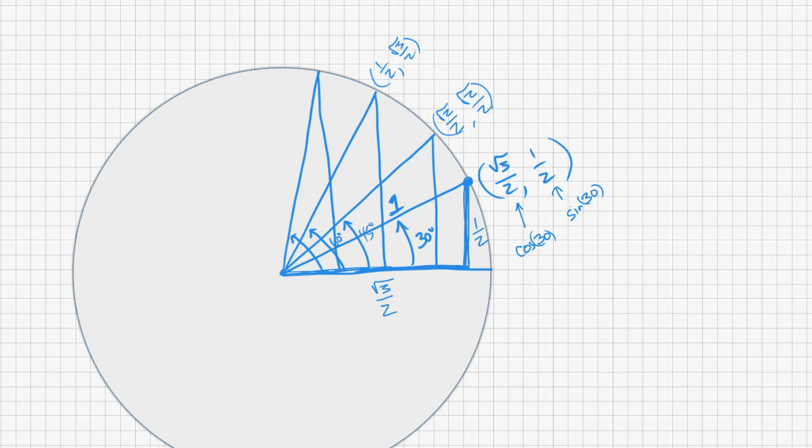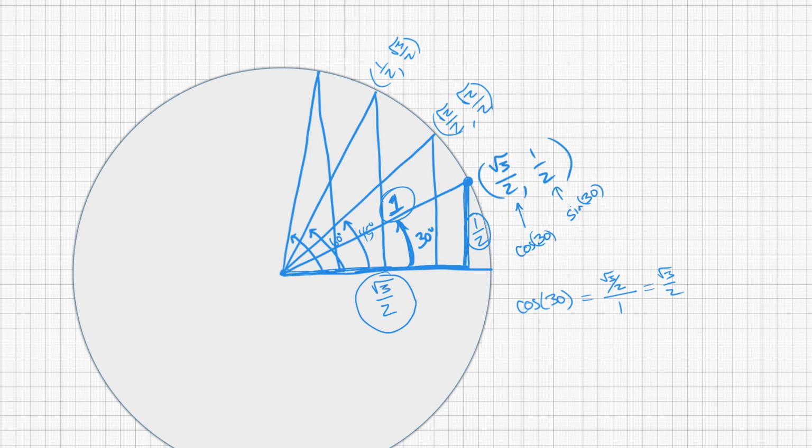If I asked for the cosine of this angle, 30 degrees, I would say cosine is adjacent, which is root 3 over 2, divided by the hypotenuse, which is 1. So it's root 3 over 2. We could do the same thing with the sine, except we would have 1/2 over 1, or we could even get the tangent if we wanted.